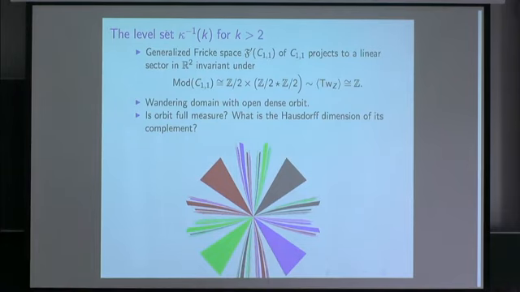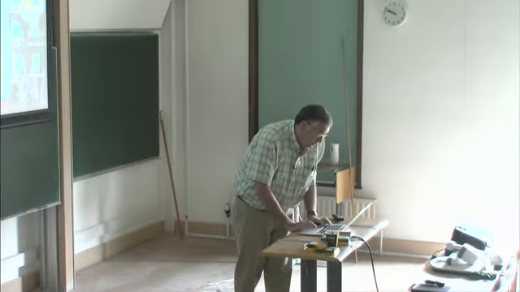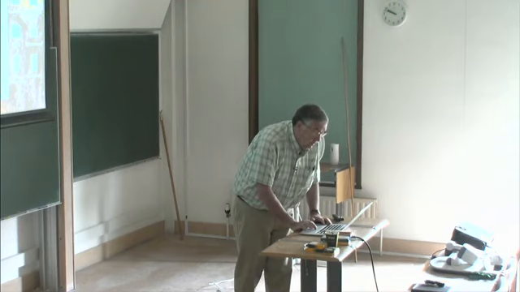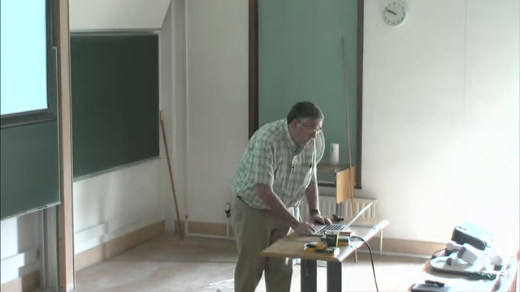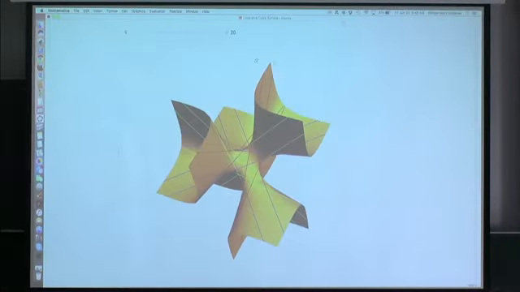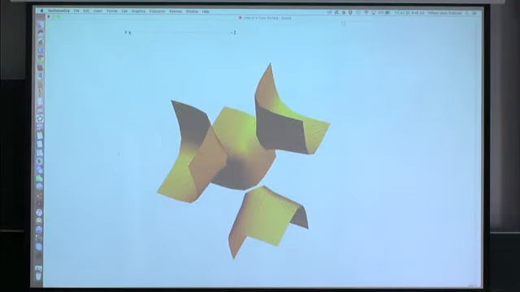Okay, so in the remaining time, I'd like to show you the level sets of this cubic polynomial. So remember, this is x squared plus y squared plus z squared.